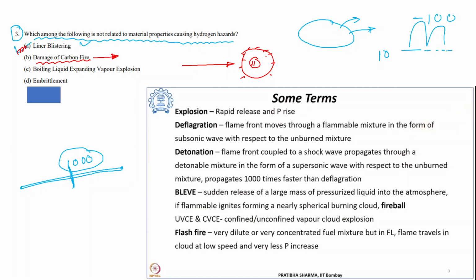The answer is BLEVE, but I am explaining what the BLEVE is. Inside, the liquid hydrogen is still in liquid condition, or non-combustible form, and it will make high pressure and expand at a very high pressure. This is called boiling liquid expanding vapor explosion. So our answer is C.